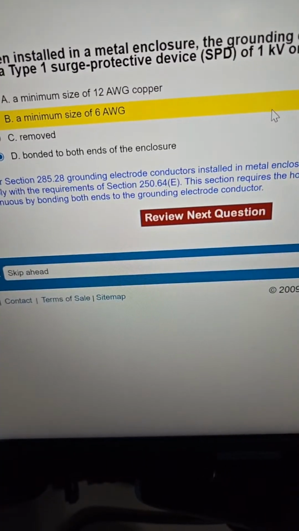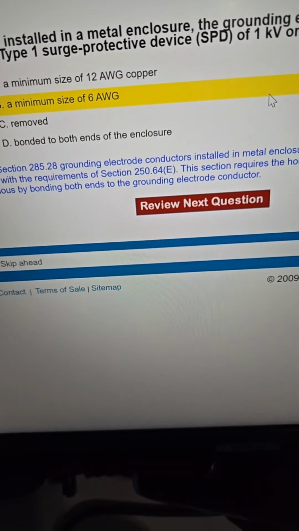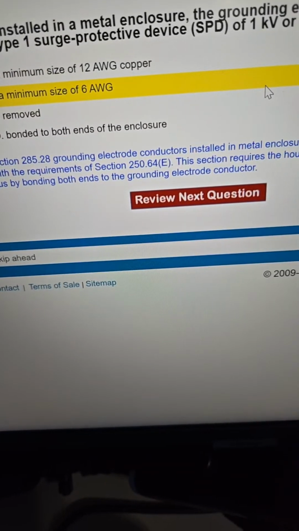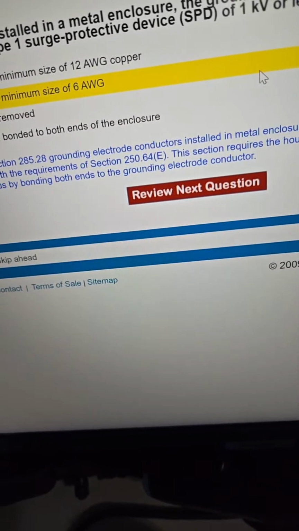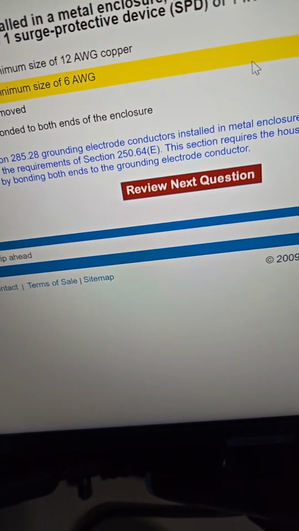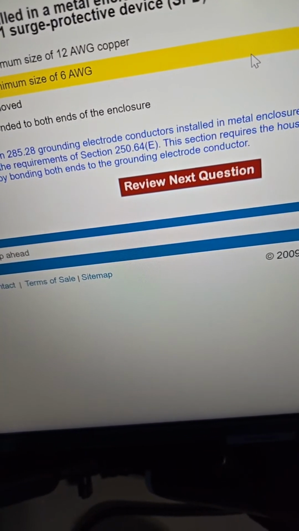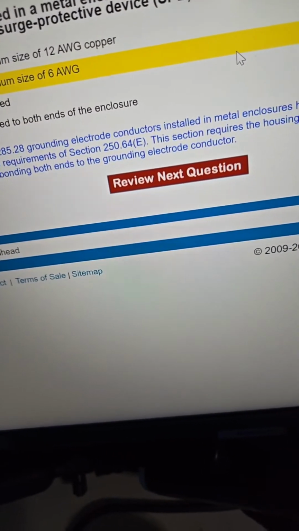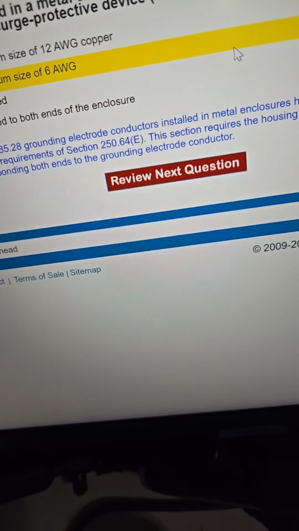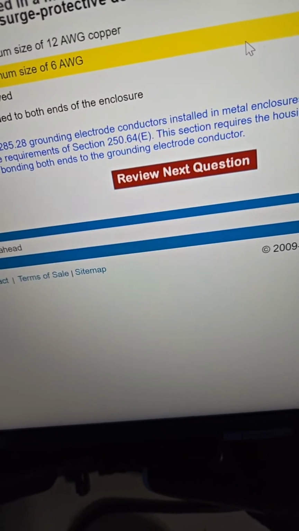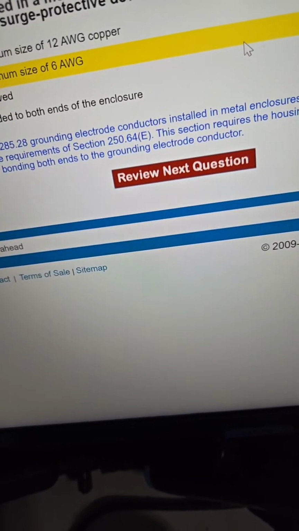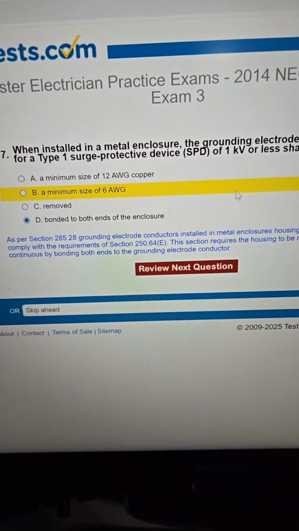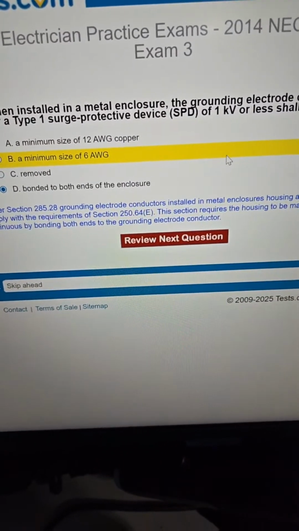The grounded electrode conductor installed in metal enclosures housing a surge protection device shall be made electrically continuous by bonding both ends of the grounding electrode conductor.